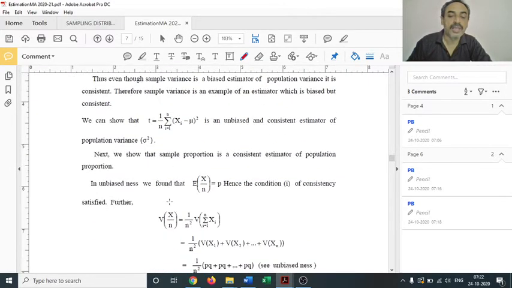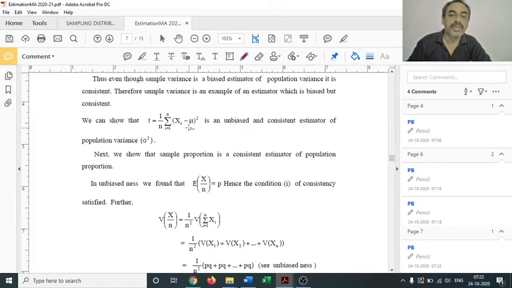Next, we can examine another estimator T, which is 1 by n summation i equals 1 to n of xi minus mu whole square. We can show that this T will be an unbiased and consistent estimator of population variance. We note that this T is not like the expression of S square. Here it incorporates one parameter mu. So only if mu is known is this T a meaningful estimator, because an estimator is always a function of x1, x2, etc. xn, that is, a statistic.